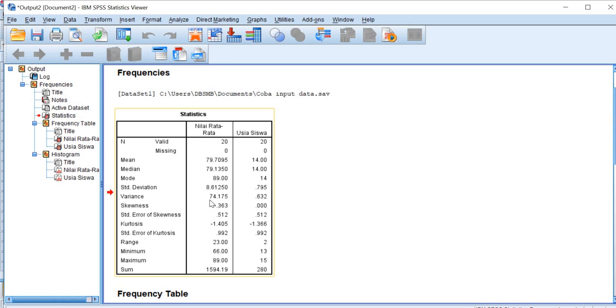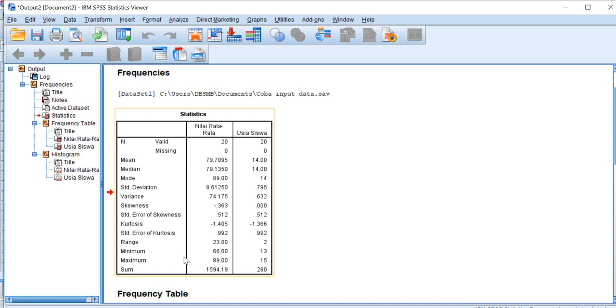Then skewness is related to the distribution of the variables, whether our variables are distributed normally, or whether there is a tendency of our data being distributed more to the left side, or low scores, or more to the right side. And then kurtosis is the tendency of the slope, whether the slope is too sharp or only a normal slope.